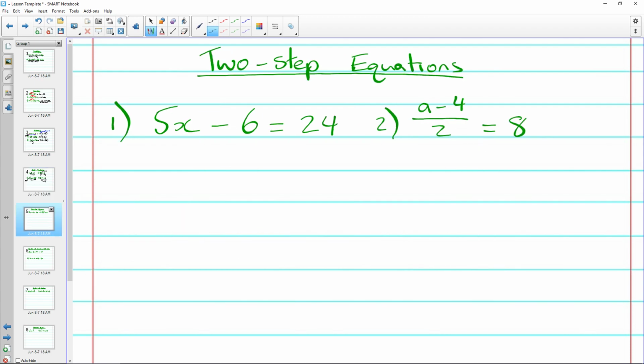Going into our next questions now, we have a couple of two-step equations, where there are actually two things that we need to get rid of. Looking at this first question, we have a 5 and a 6, and we want to get rid of them both so we can get the answer.